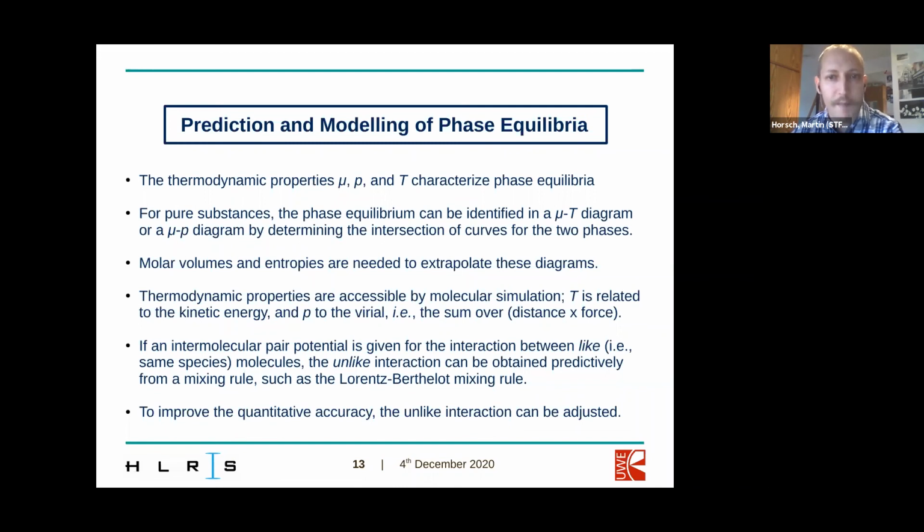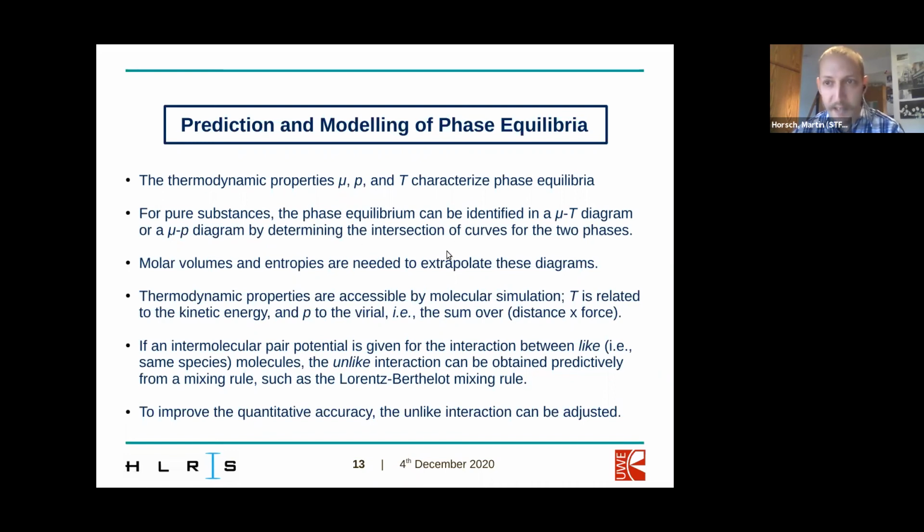These properties are accessible to molecular simulation, and there are diagrams where the phase equilibrium state can be found or observed as an intersection of several curves representing the coexisting phases.